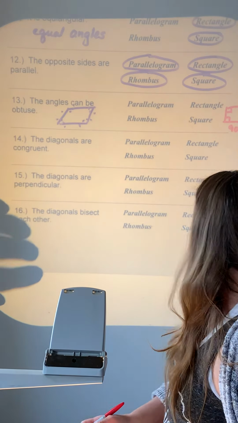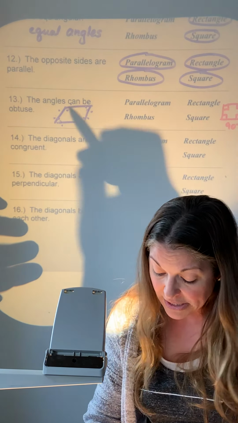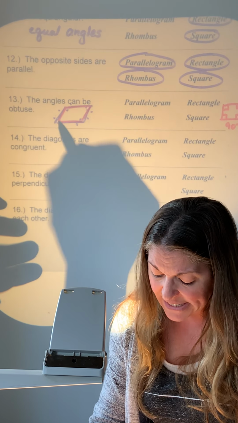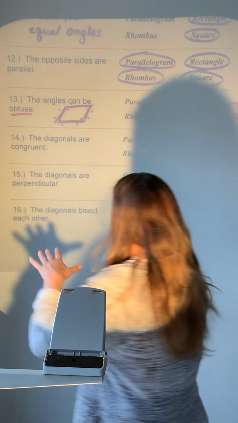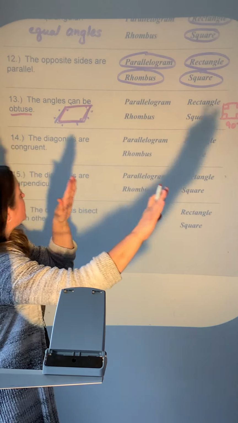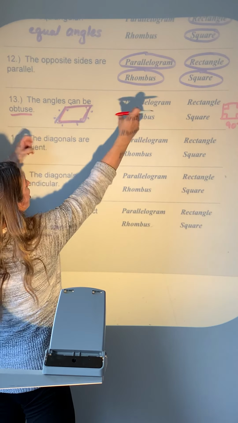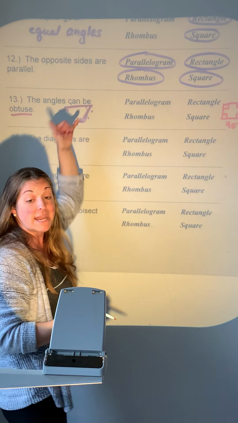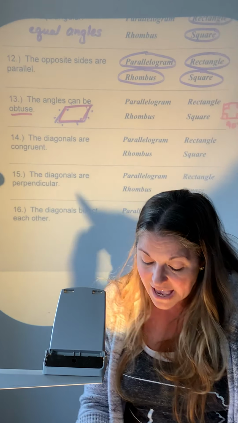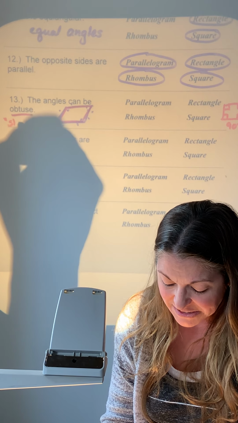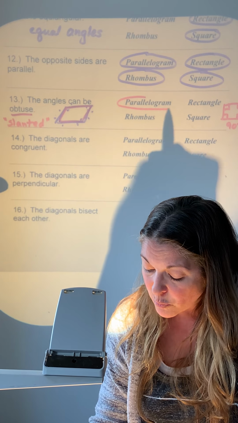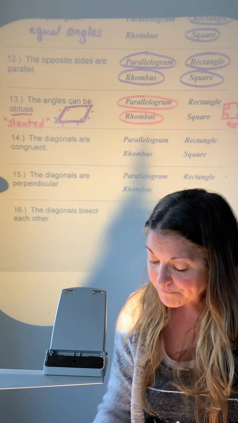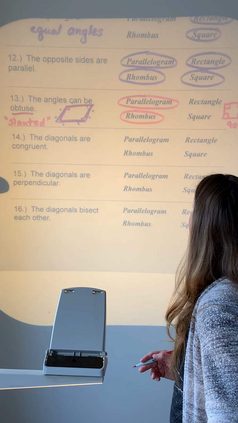They can't be bigger than that. So if anything, guys, the only way to get those obtuse angles is to have that rectangular square that's been pushed over so it elongates and stretches out that angle. So in order for this to happen, guys, I always like to just say it has to be slanted. And that's exactly the look you get with the parallelogram and the rhombus.